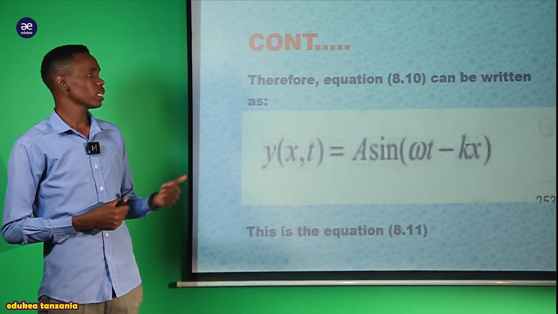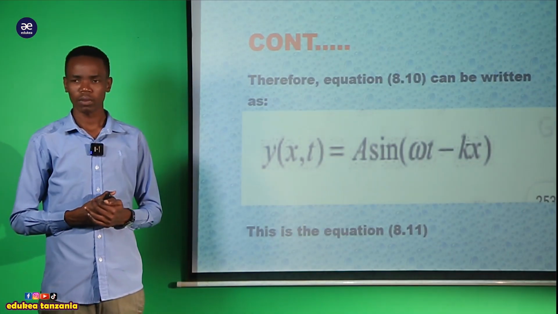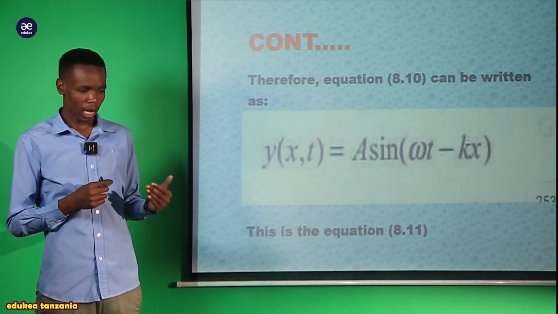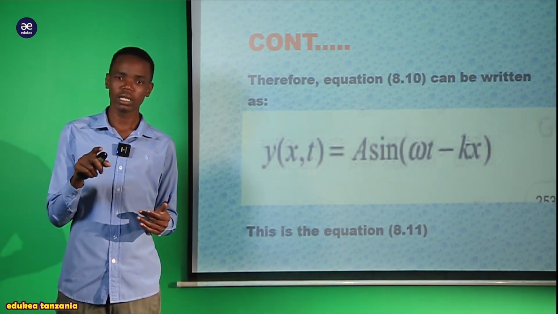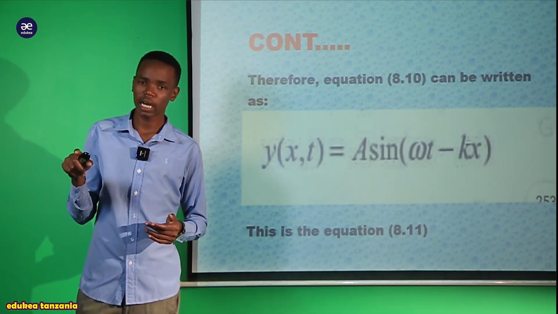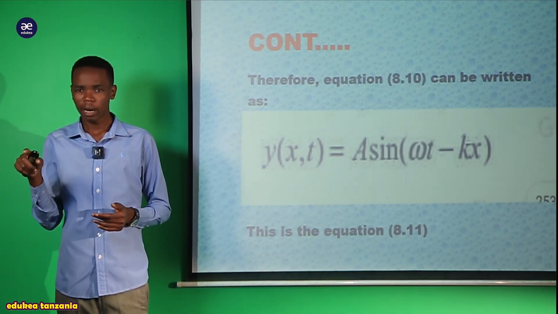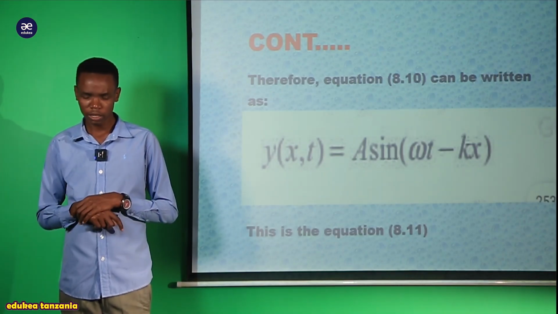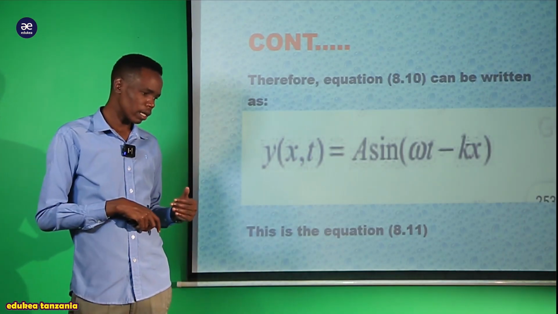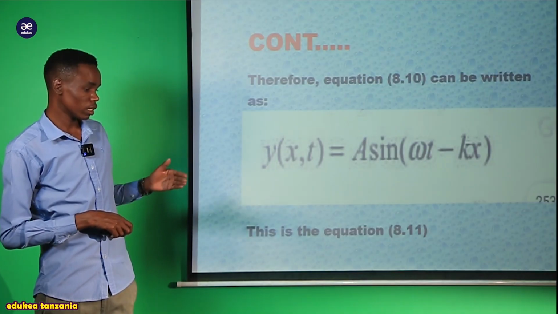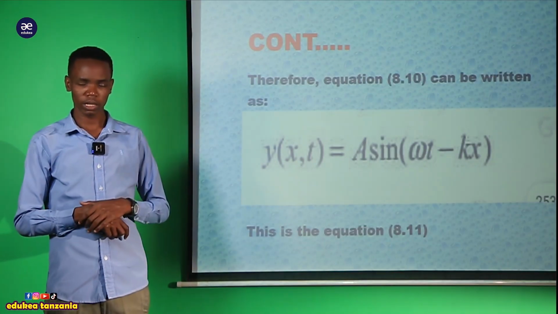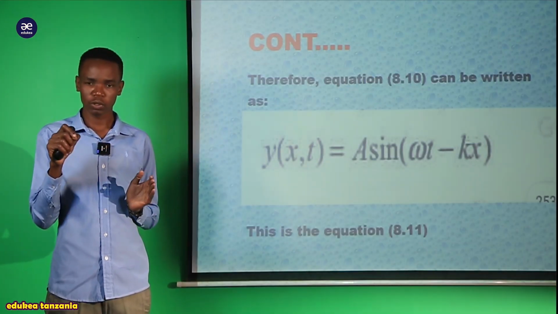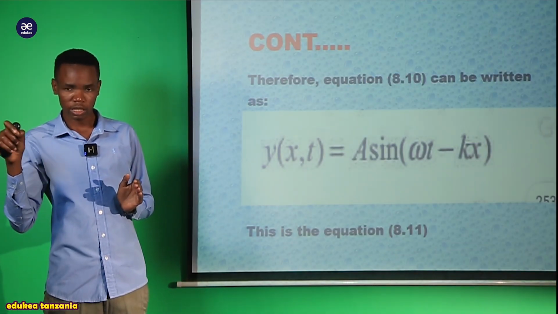So therefore equation number 10 can be written like this one. So instead of expressing equation number 10 as y along the coordinate (x, t), which is equal to a sine bracket ωt minus this phase angle, we should express it by saying that the displacement along the coordinate point (x, t) might be equal to a sine bracket ωt minus 2πx divided by the wavelength.